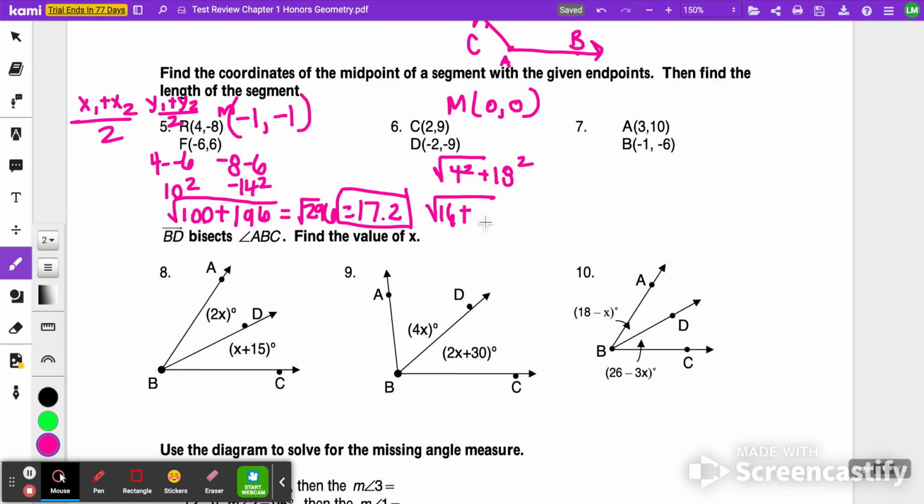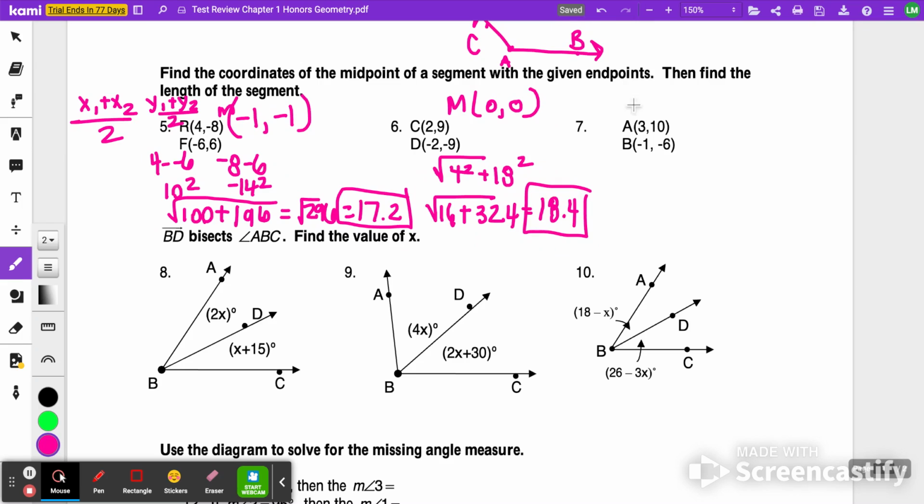My calculator is not wanting to work today. That's 324. So we're just going to add 324 and 16 together, and then find the square root of that, getting about 18.4. Okay. And again, I'm just rounding those.